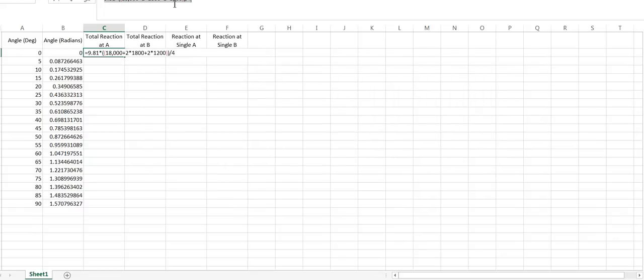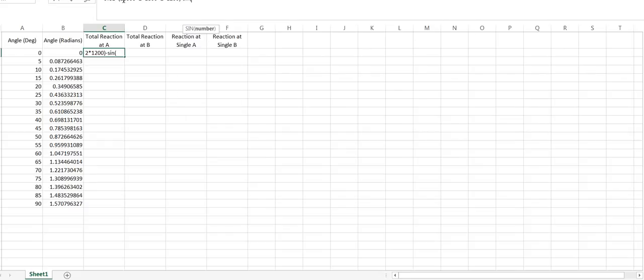Not working as a formula. Okay, so that's working. 9.81 times, what was G1 again? It was 18,000 kilograms plus 2 times 1,800 kilograms plus 2 times 1,200 kilograms.